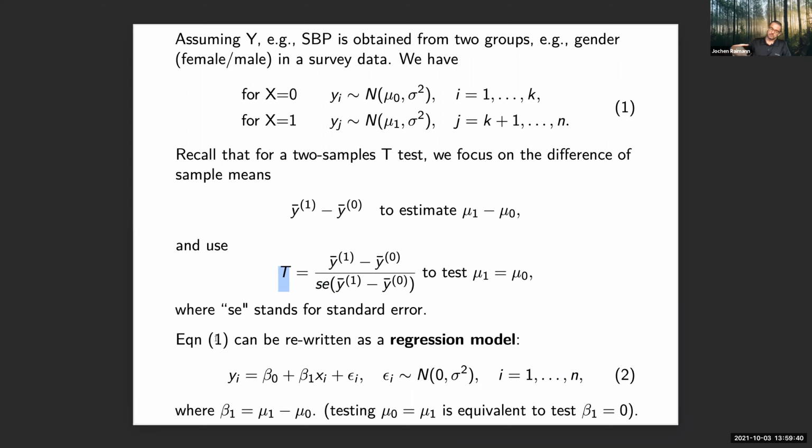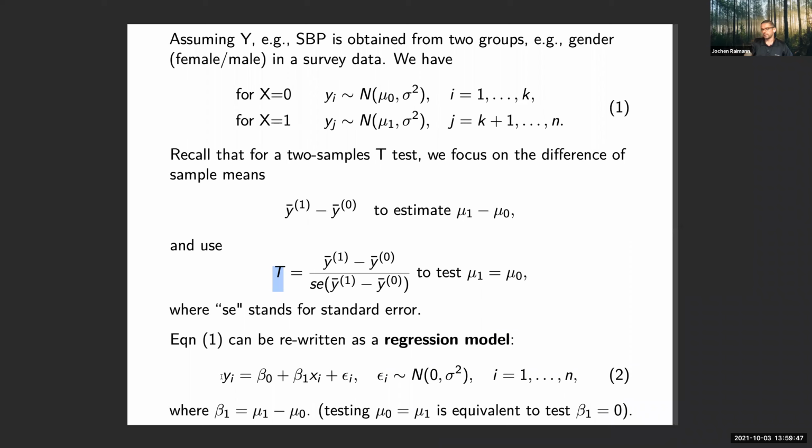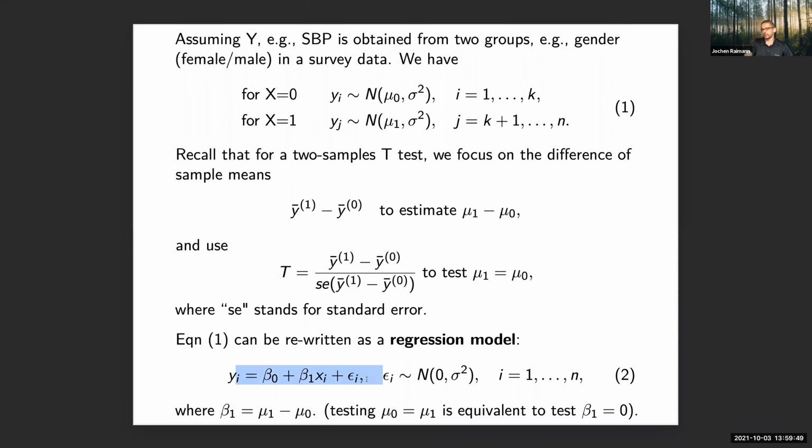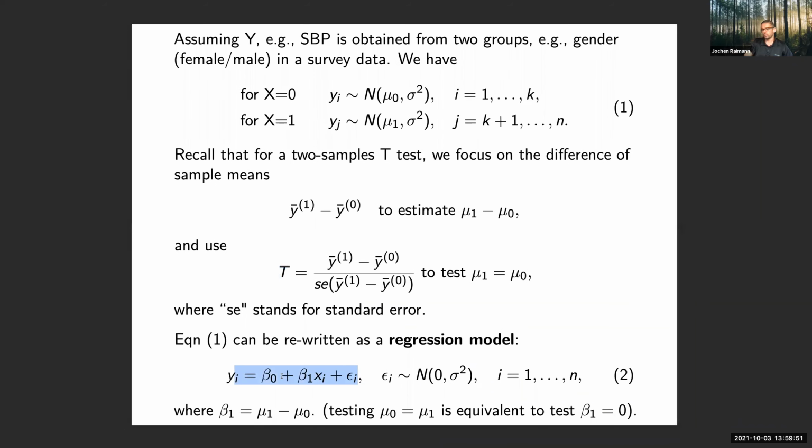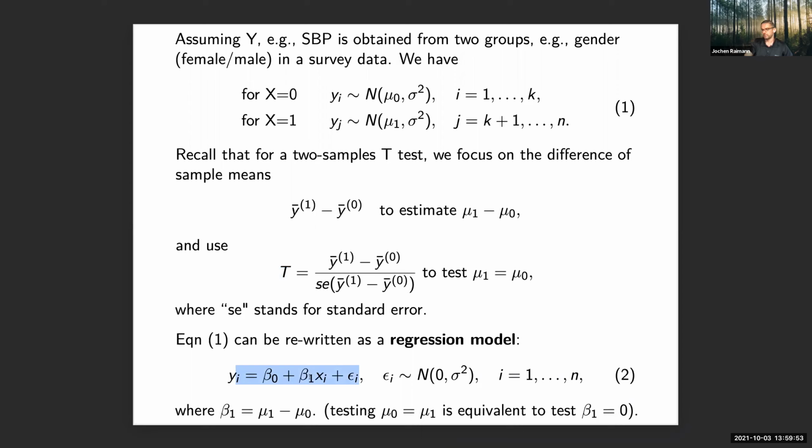So now moving over to a regression model, we are going towards yi equals beta 0 plus beta 1 xi, where xi is either 0 or 1, plus a residual error for all individuals in the overall sample population.